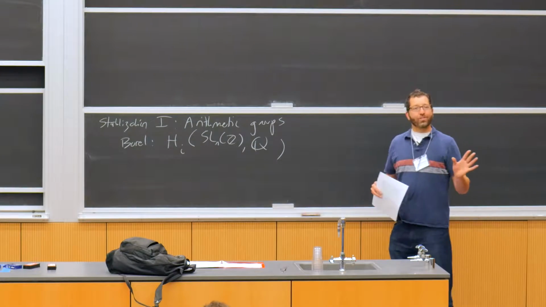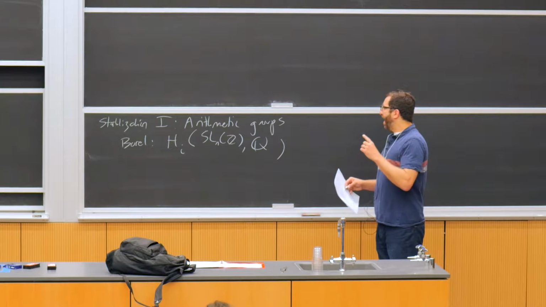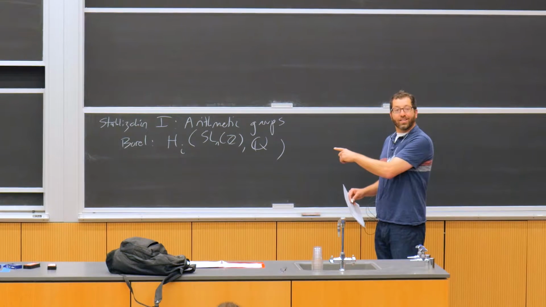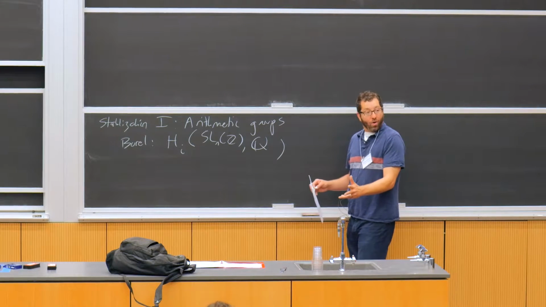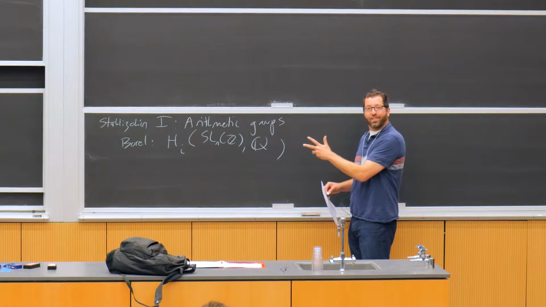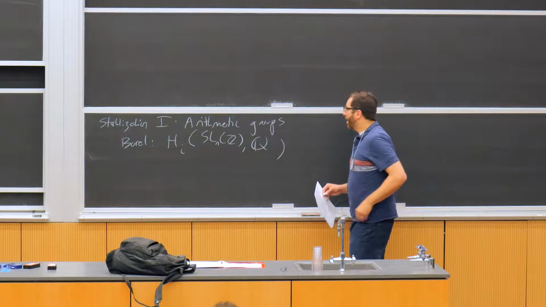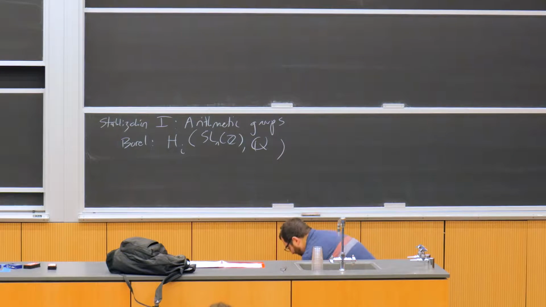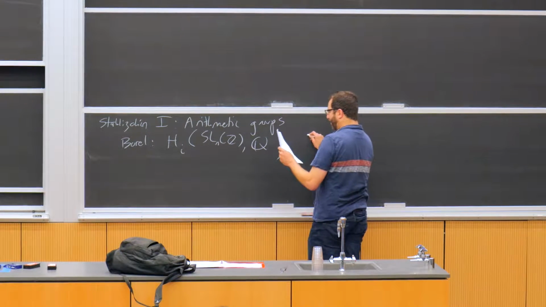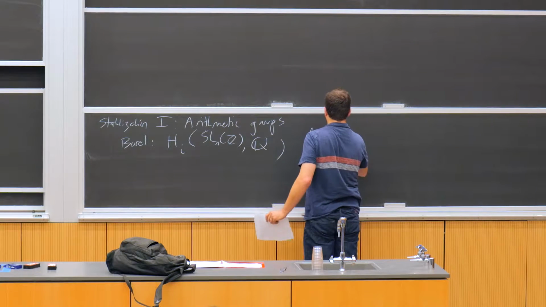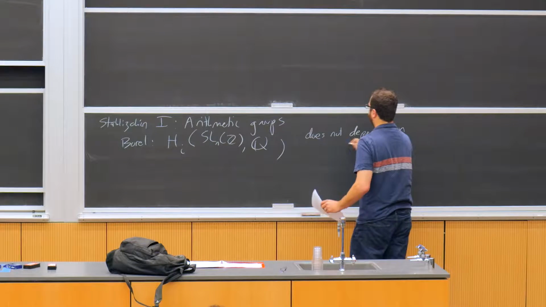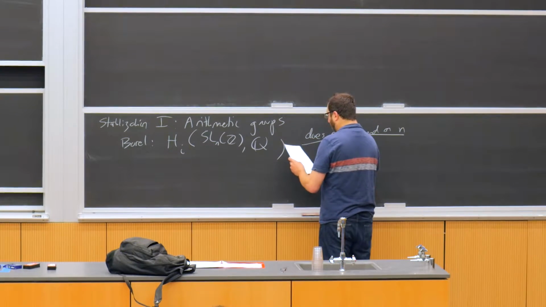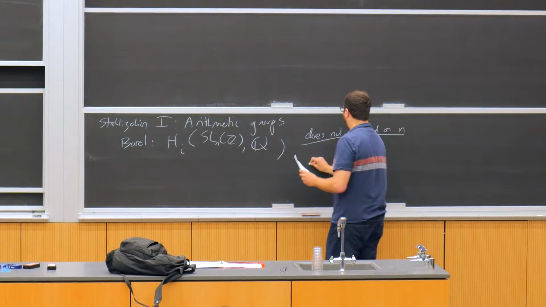And what I want you to imagine is that i is fixed and n is growing. So for instance, i could be 1, and you could be asking about the abelianization of this group. And it turns out that this does not depend on n as long as n is big enough relative to i.